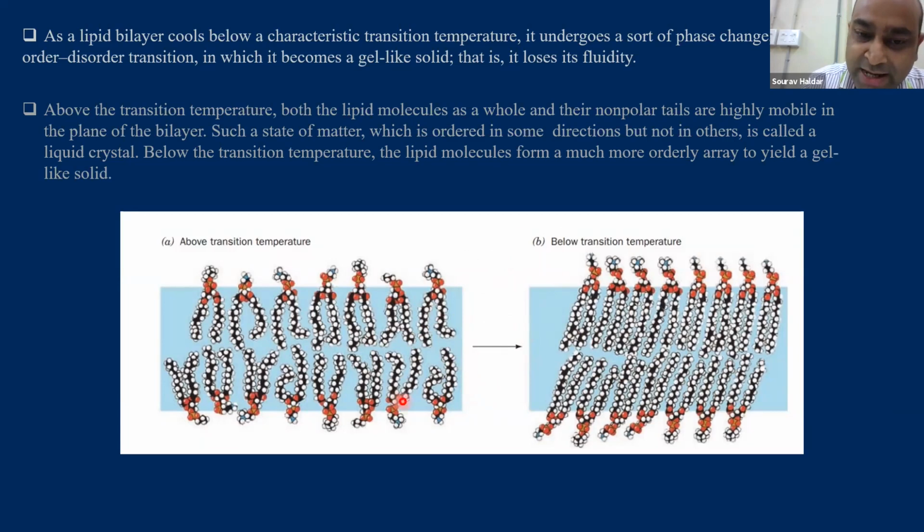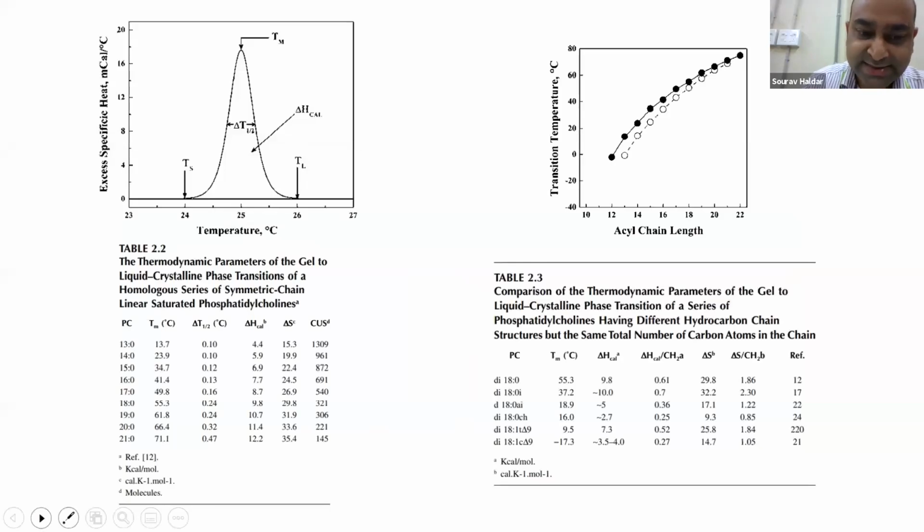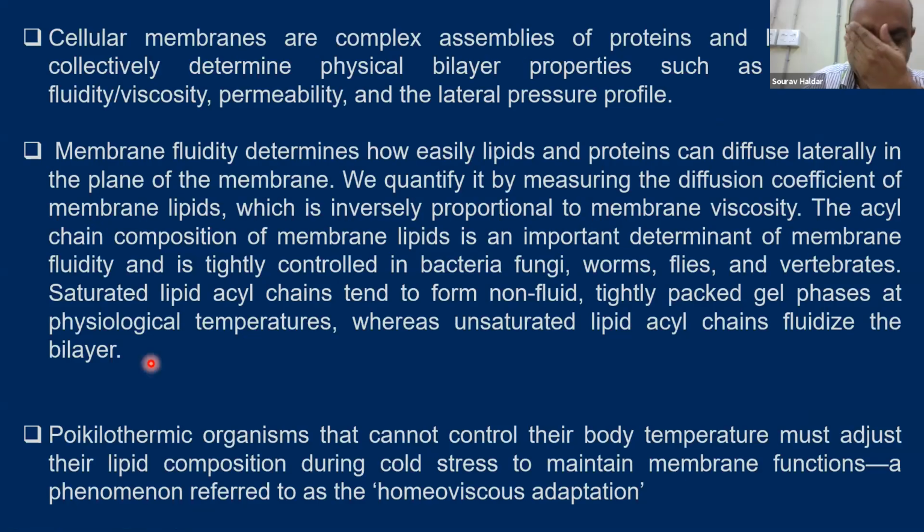So that's why the membrane lipids will be constantly under metabolic control, such that its fluidity is constantly maintained depending on the temperature of its environment. And it is more relevant for those organisms which cannot maintain their body temperatures, right? And this feature is known as homeoviscous adaptation.